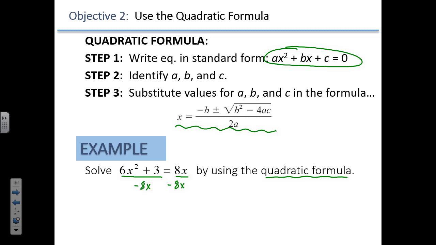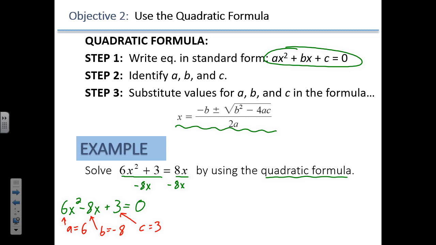And this becomes 6x squared minus 8x plus 3 equals 0. And then we can conclude that our a value here is 6. Our b value is negative 8. And our c value is 3.